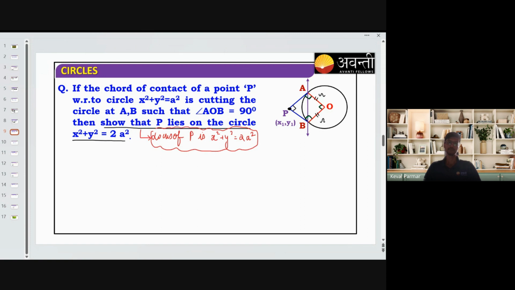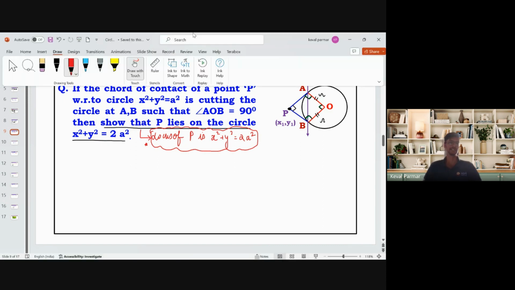Please note this point, because in JEE Mains as well as Advanced, many times they do not ask directly, they frame it in a way as given here. The question is based on locus, but they have framed it as show that P lies on the circle. That means the locus of point P is basically this equation.